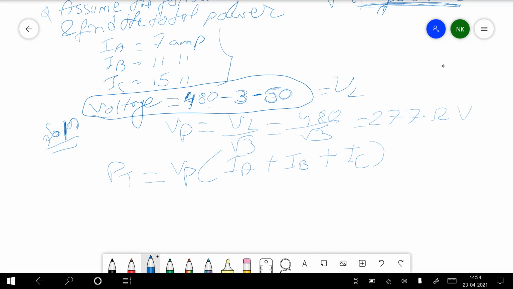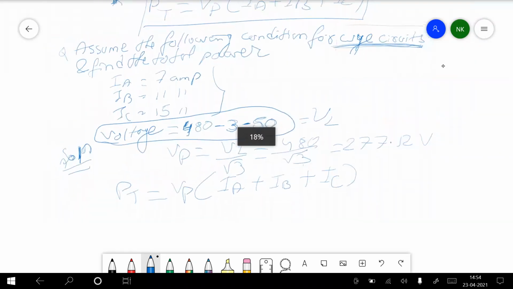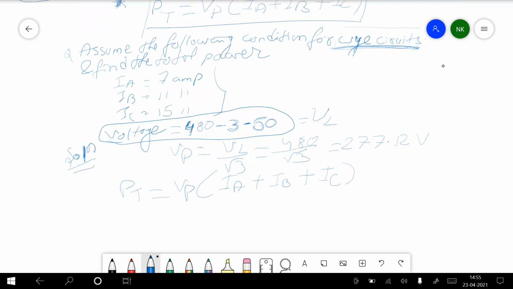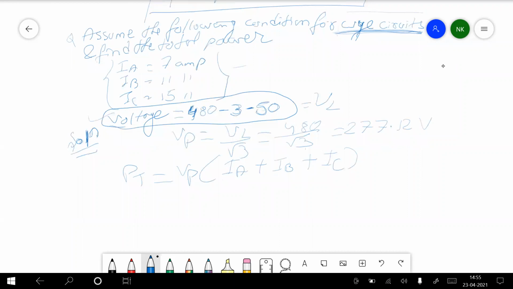Another thing to note is that this is an unbalanced circuit: only the currents are different, but the voltage is the same for all. This condition comes due to another factor, why the currents change though you have the same voltages in each phase and line. This is studied in power systems and faults.